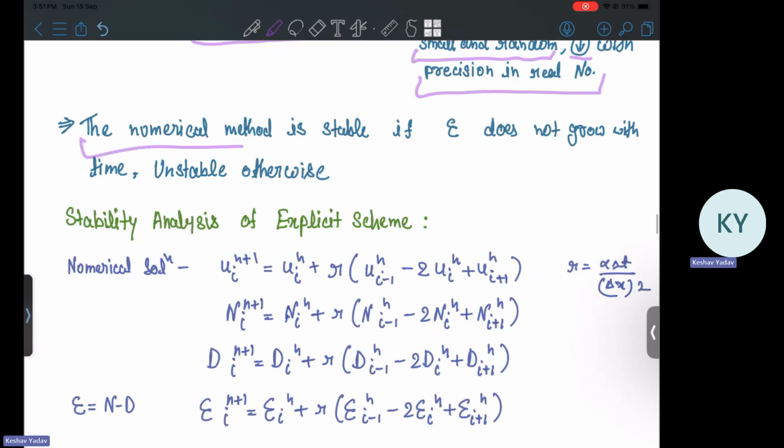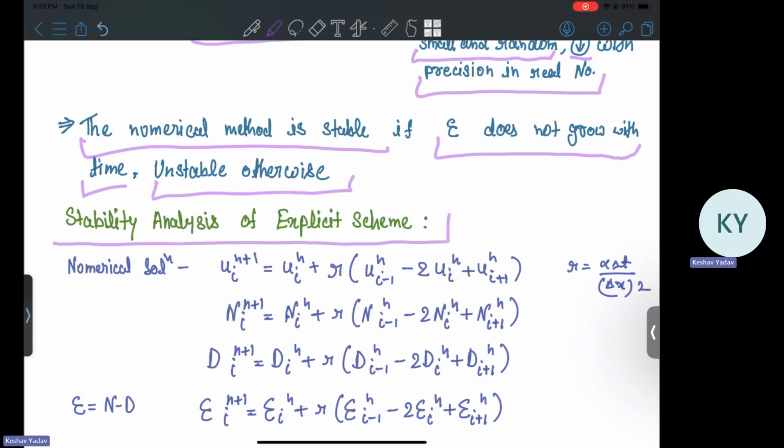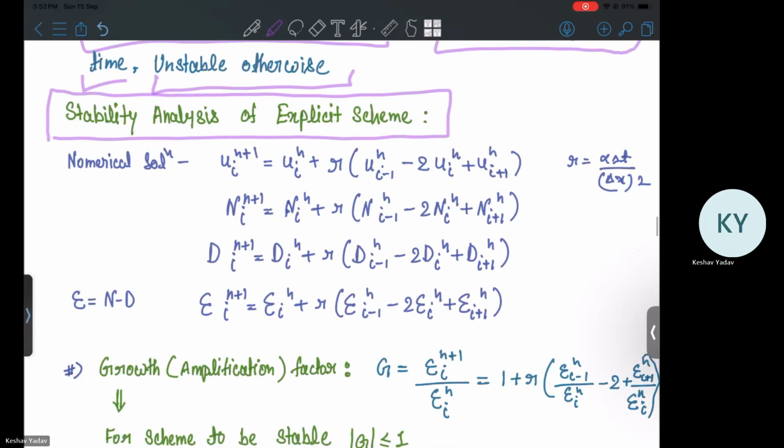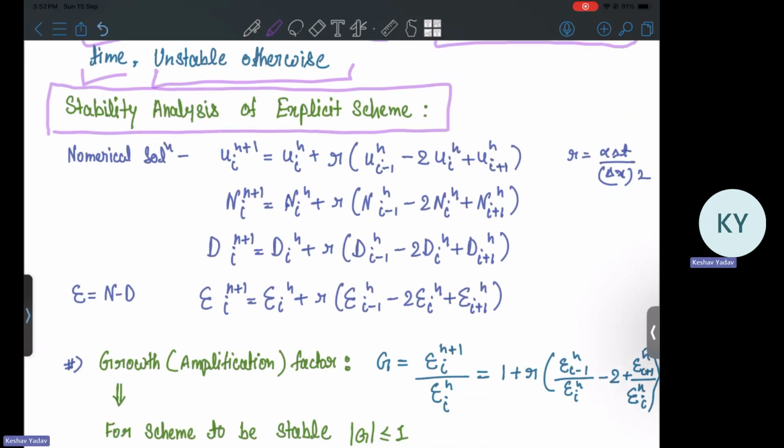Now the numerical method is stable if epsilon does not grow in time. Otherwise it will be unstable. Now we do the stability analysis of this explicit scheme. For the explicit scheme we got this difference equation, where r is equal to alpha delta t upon delta x square.